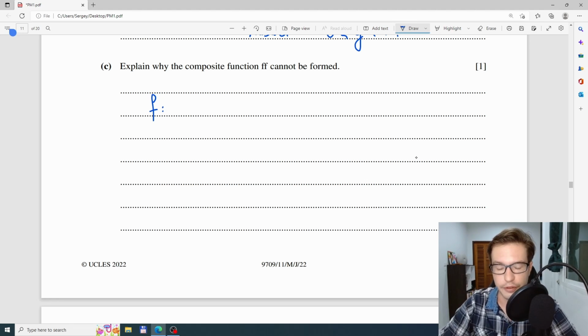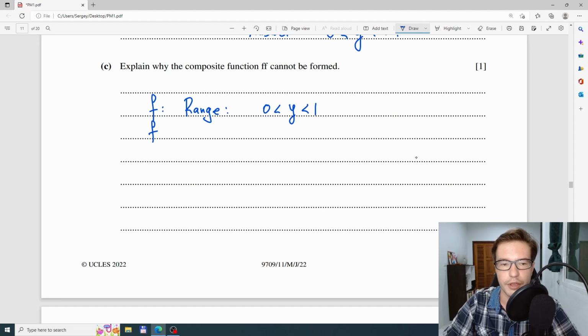So the function f has the range from 0 to 1. Meanwhile, the domain of the function is x is bigger than 2. So that's a completely different story.